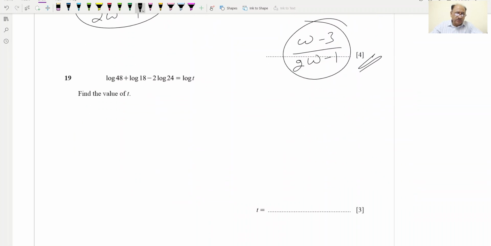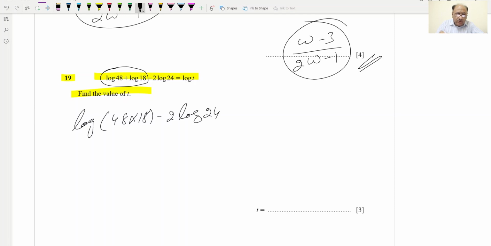Question number 19 is a logarithmic equation, and we have to find the value of t. For this one we can first solve this. So log multiplication rule, log of 48 multiplied by 18, first step we will write this, and this will be equal to log of t.